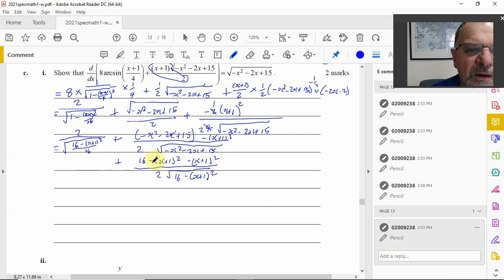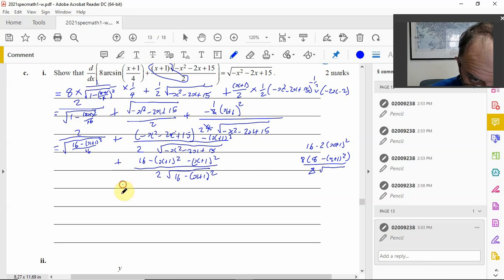Here I've now got minus (x plus 1) squared minus another (x plus 1) squared. So I've actually got 16 minus 2 lots of (x plus 1) squared. And 2 is a common factor, 8 minus (x plus 1) squared. And of course there's an over 2 there, square root of that stuff, and so they cancel.